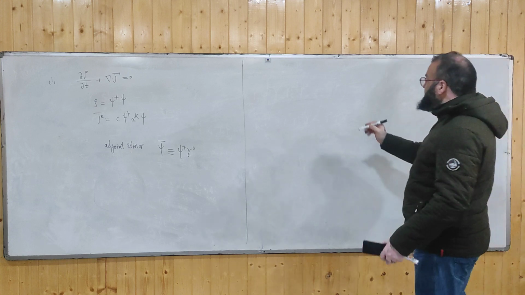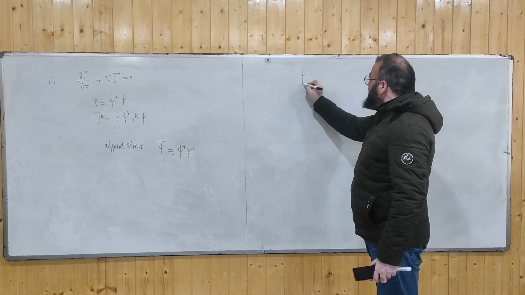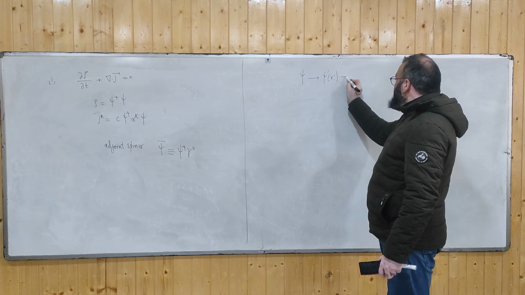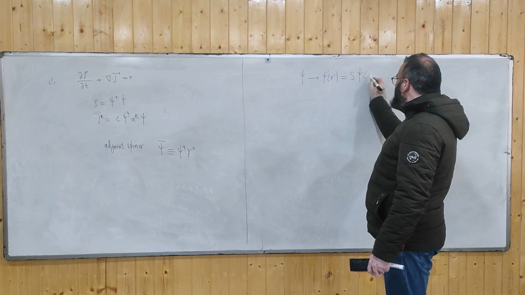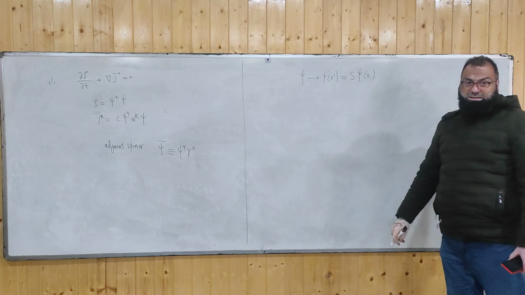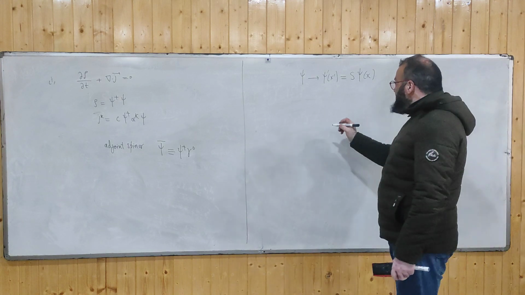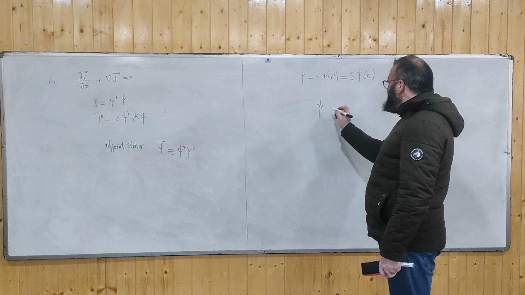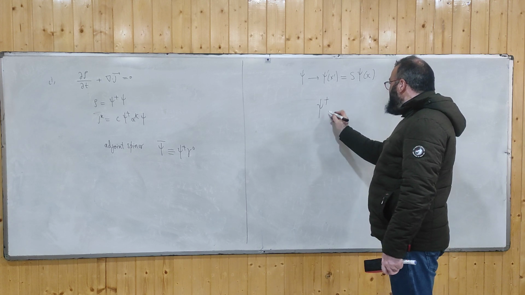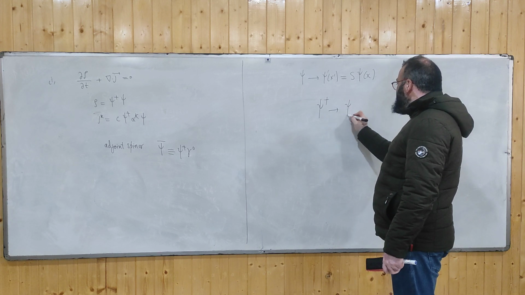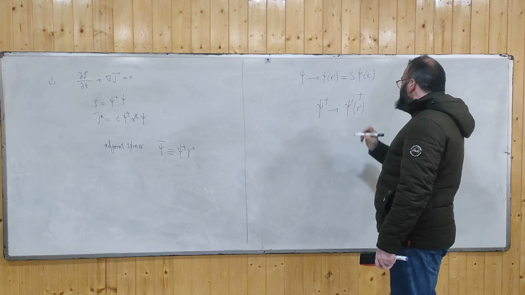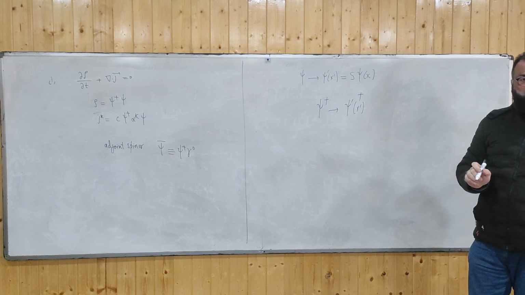So our psi transforms as psi prime of x prime equals S psi of x. Clear? This is our transformation rule. Now let's take the dagger. How will the dagger go?